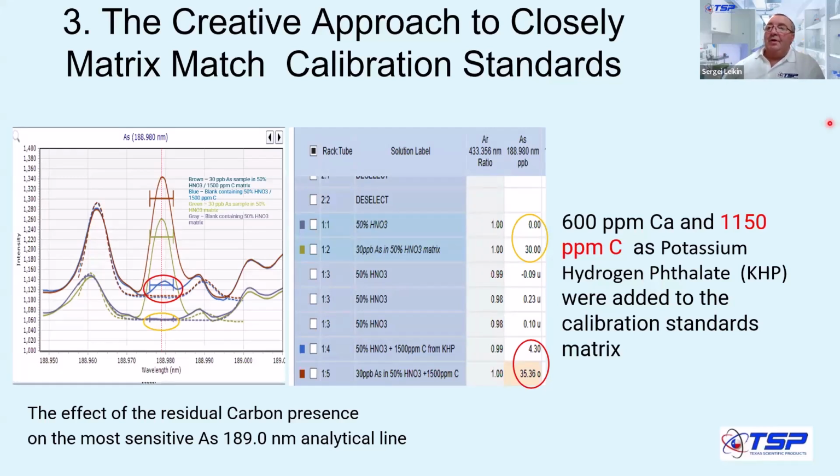In addition, we added a few hundred ppm of calcium, because calcium is present in any plant sample, and it also affected the elevation of the background. That was coming from calcium. That helped as well.